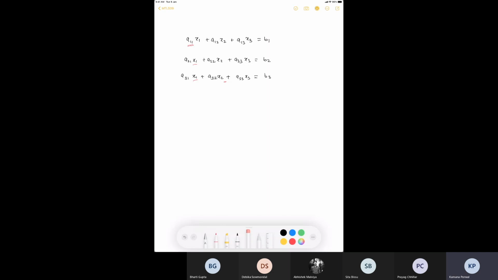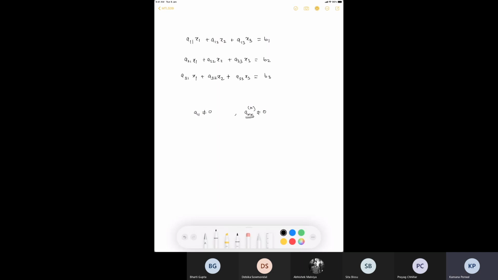So if you recall, we were keeping these assumptions that we started with A11 is not equal to 0, right? Or in the general step, that A_kk is not equal to 0, right?